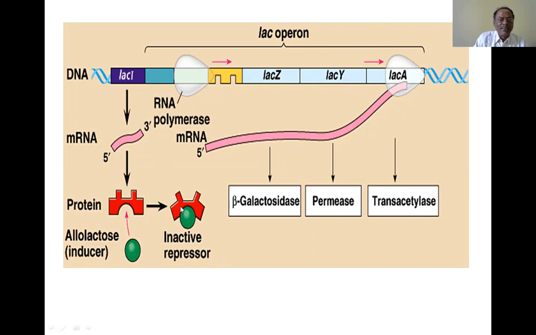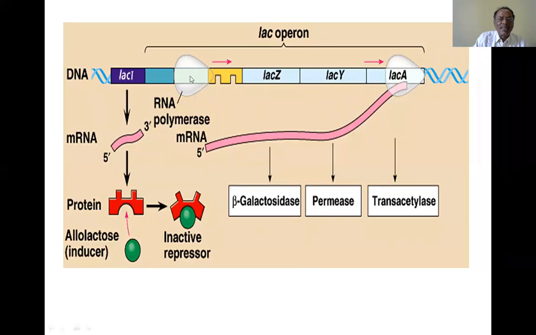Now, whenever the material allolactose or lactose is available, it will bind immediately to the repressor molecule and change its three-dimensional orientation. No more can it bind to the operator area. So the signal that was stopping transcription is removed from this area after the lactose inducer molecules join.